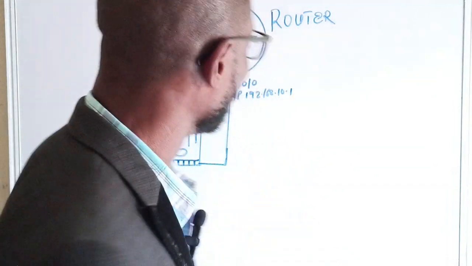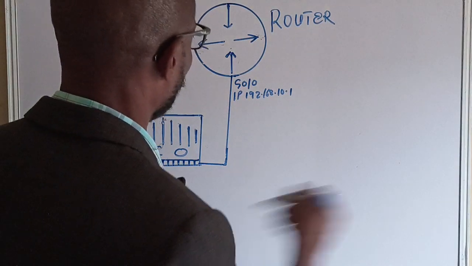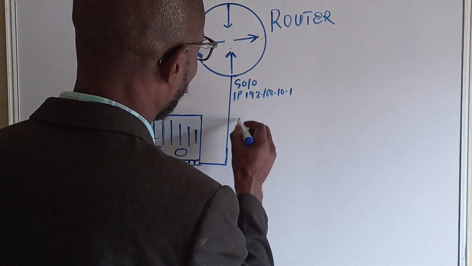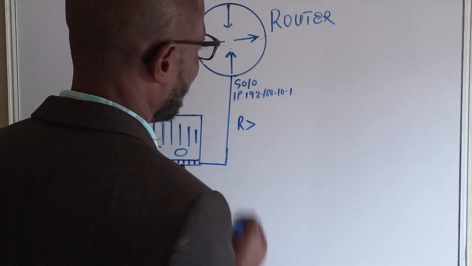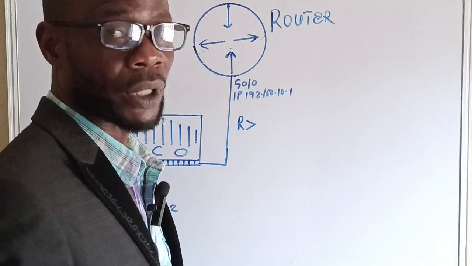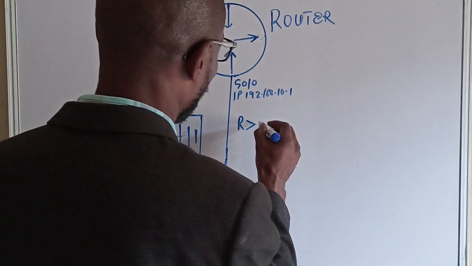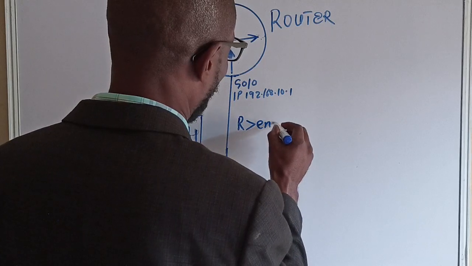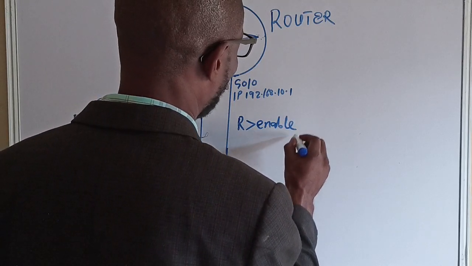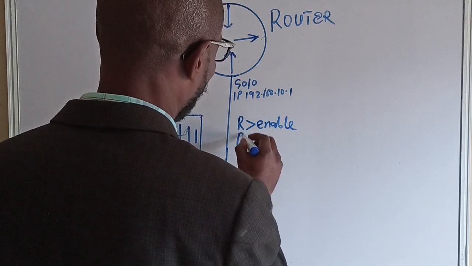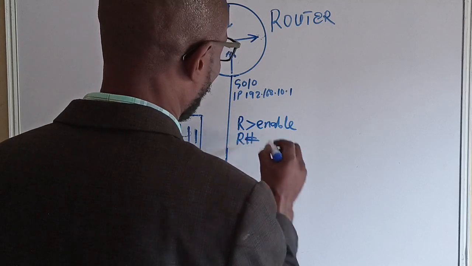So let's say this is the router, in user mode. All you need to do is type enable to come to privilege mode. You hit enter. This is the router privilege mode.